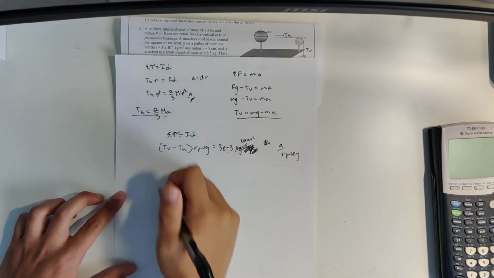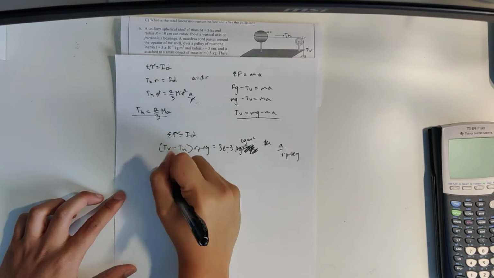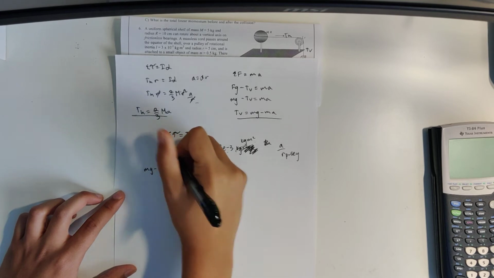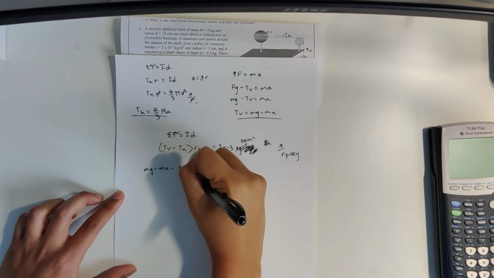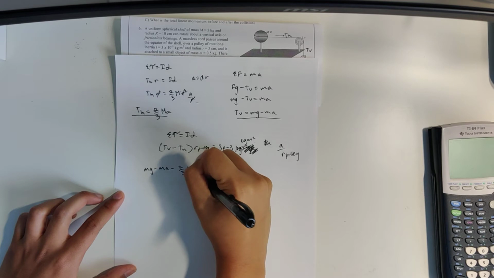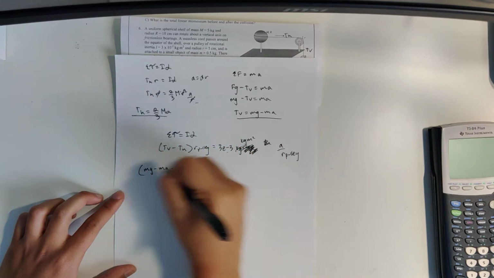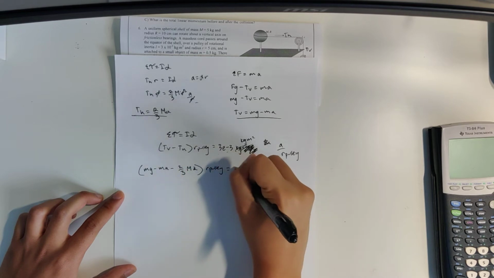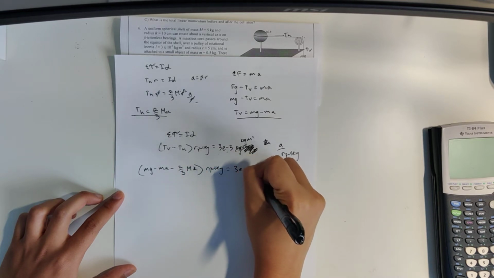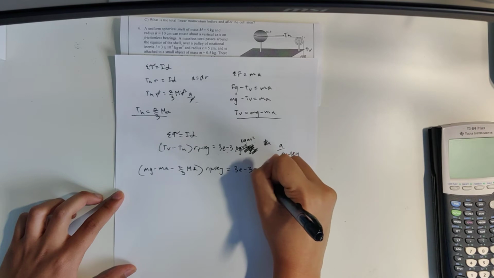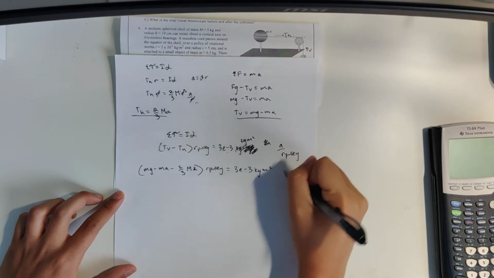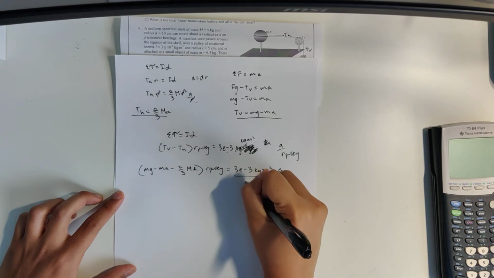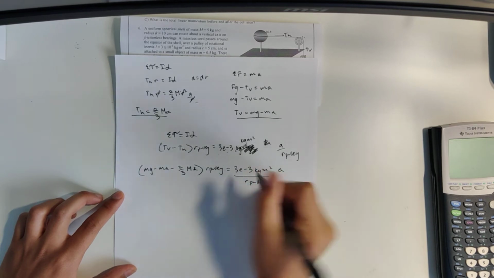So TV is equal to mg minus ma minus 2 over 3 big M a, encapsulated by R pulley, equals the I value times A, and this is all over R pulley.